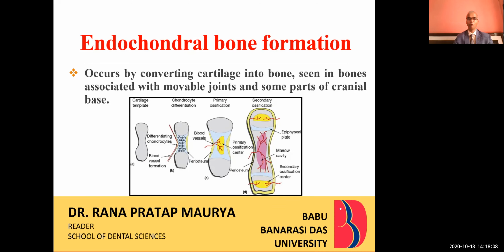There are mainly four stages in endochondral bone formation. In the diagram, you can see first the formation of the cartilage template, then chondrocyte differentiation from the mesenchymal cells, then primary ossification, and then secondary ossification with formation of lamellar bone.